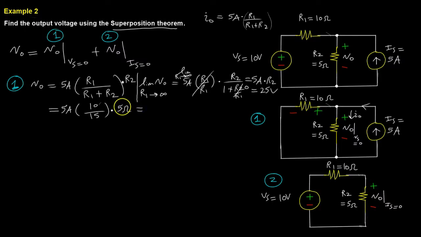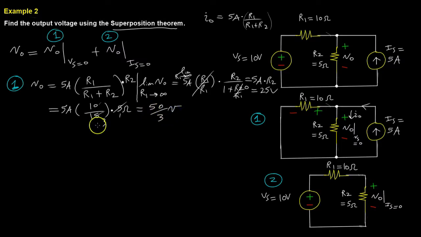You can cancel these out, and you get 5 times 10 over 3, 50 over 3 volts.